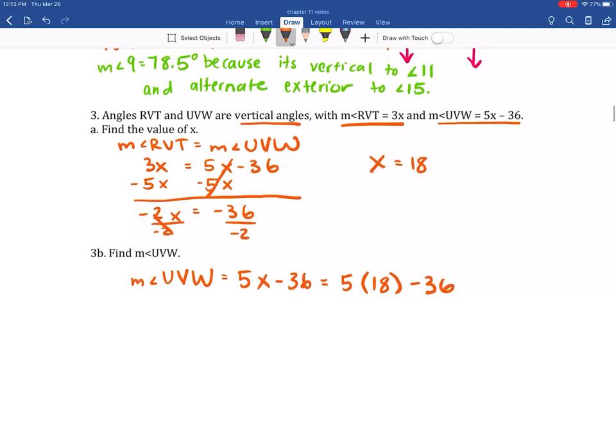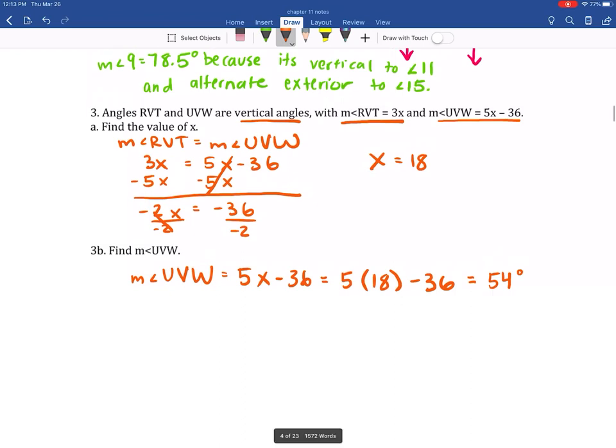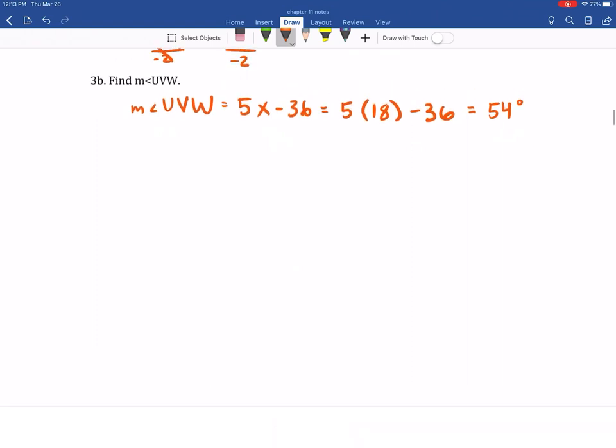And I'm going to solve to find that UVW is 54 degrees. So it doesn't ask me, but if it asked me, I could also say RVT is 54 degrees because we know that they're vertical and we know that they are equal. So at this point, that concludes section 1 of chapter 11, Angle and Line Relationships.